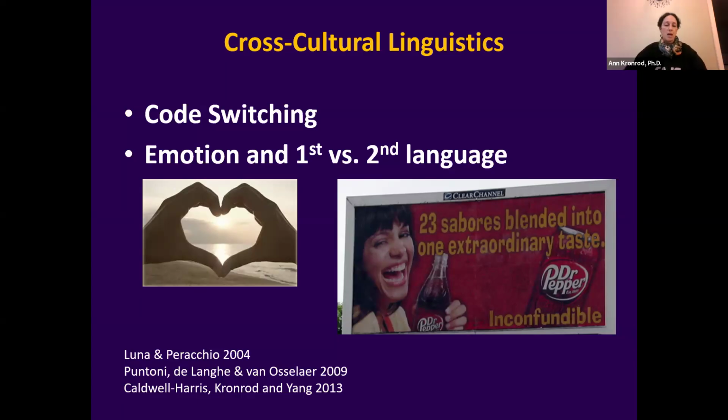So in an article that we published some time ago, we focused on this specific phrase, I love you, which is a token phrase in the language that expresses love and something beyond.